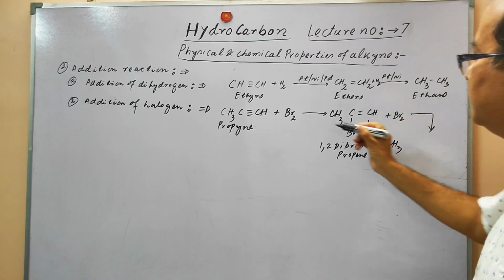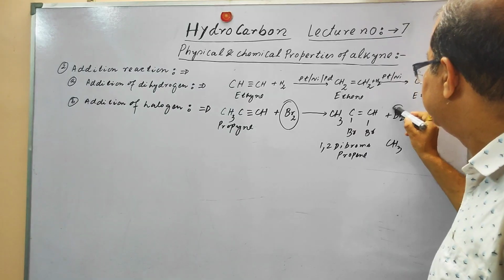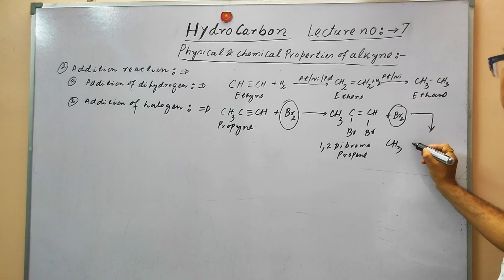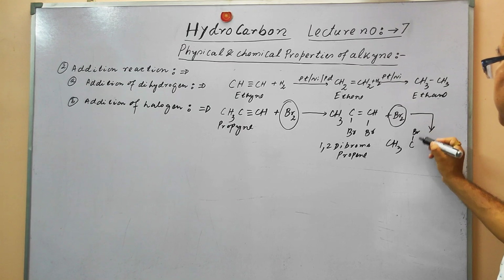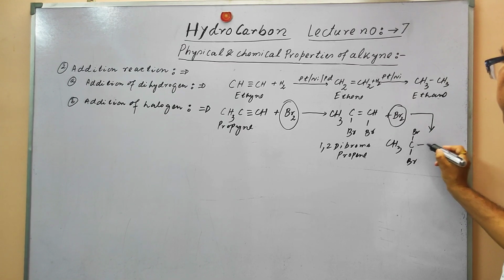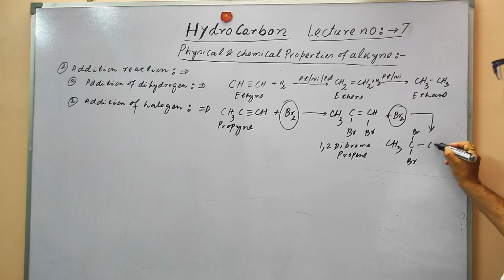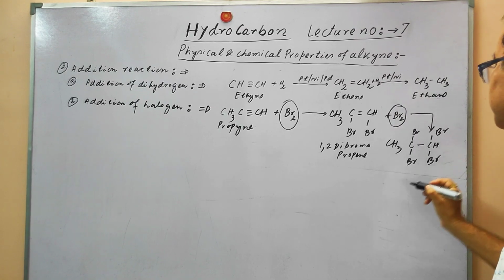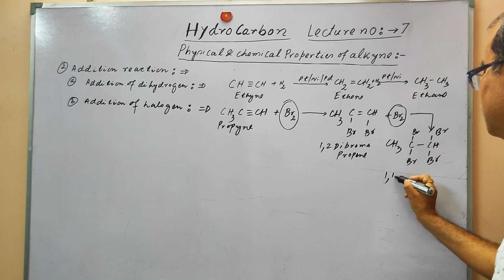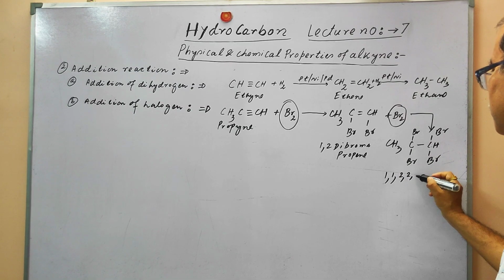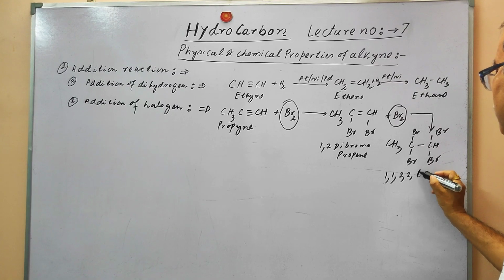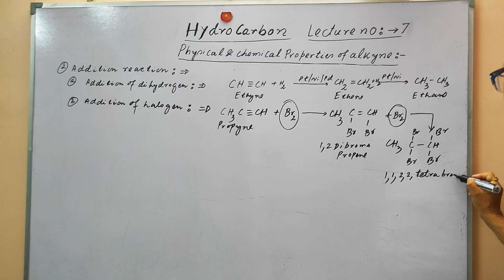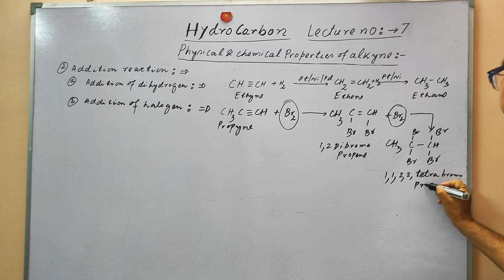And when another molecule of bromine is added, it is going to produce this, and it becomes saturated, CHBr2, CBr2, producing 1,1,2,2-tetrabromopropane.